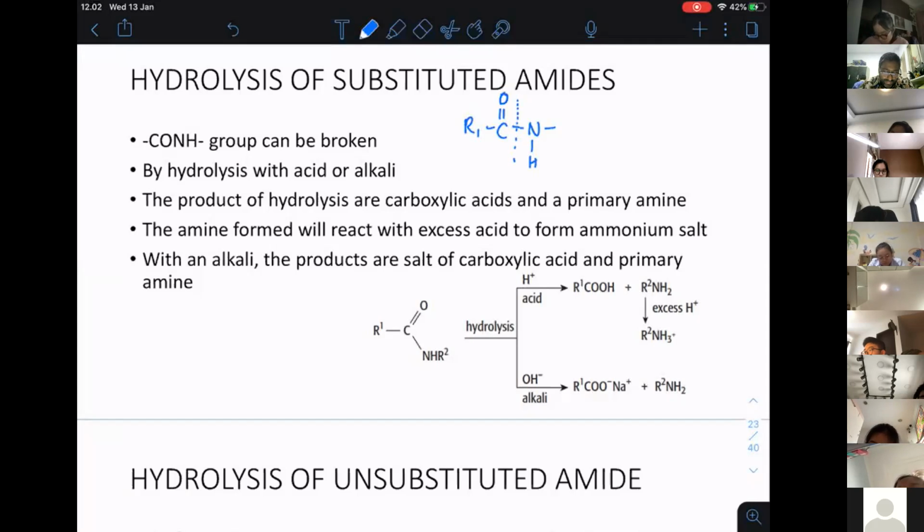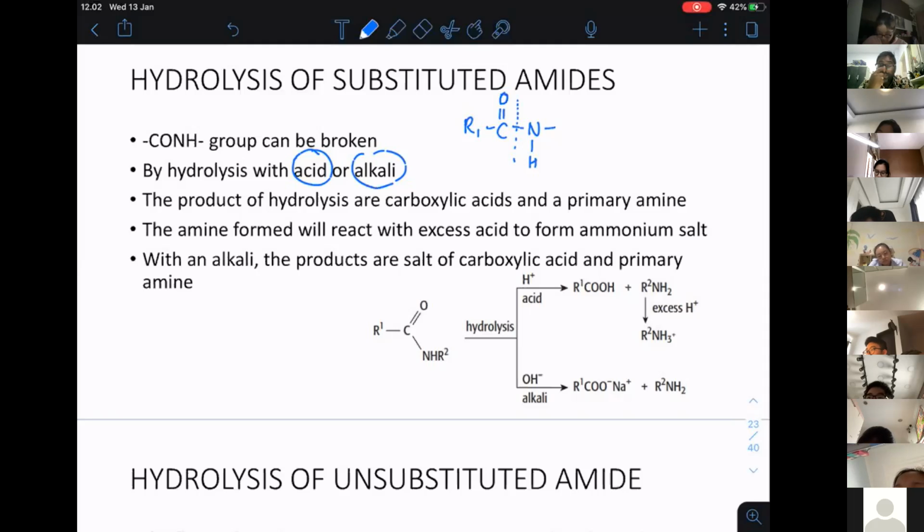The hydrolysis can be done by either acid or alkali. We call it acid hydrolysis or alkali hydrolysis. Now, the products of hydrolysis are going to be carboxylic acids and primary amine.